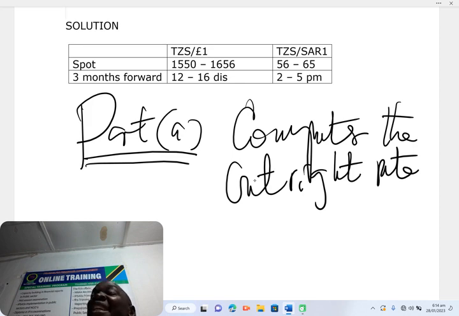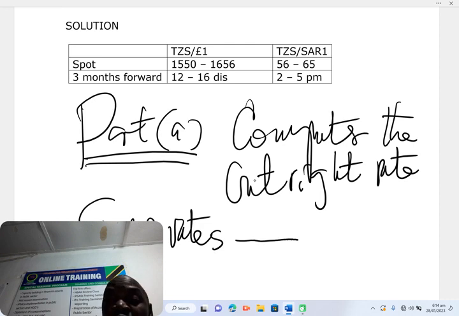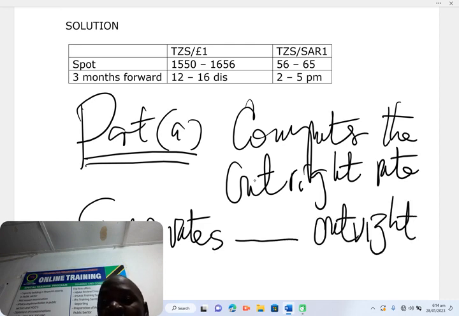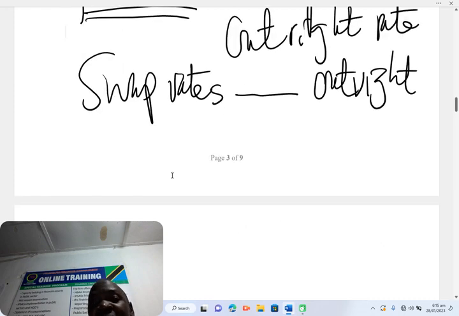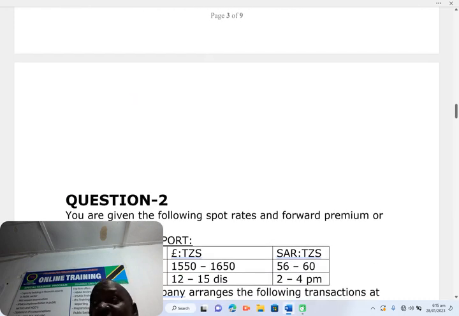So we have been given the swap rates. So we are now computing from swap rates to out rate. So the first quotation is when pound is a trading currency. That is step number 1.